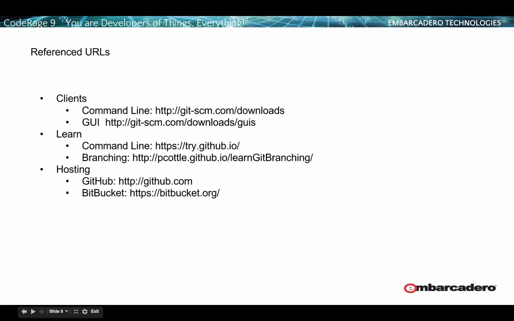Cost-wise, I tend to use a lot of small repositories, and because of that I use the Bitbucket site if I need to keep them private. GitHub is priced per repository, and Bitbucket is priced per user. Right. So with Bitbucket you can have a five-user private repository, whereas with GitHub, if it's private at all, you have to pay for it. That's right. So it's an interesting distinction between the two, and it can help influence which one you choose.